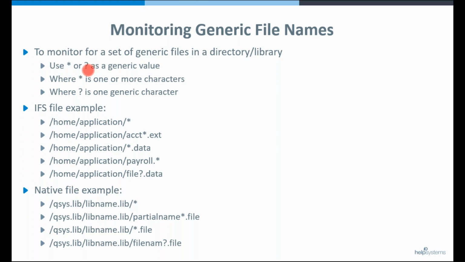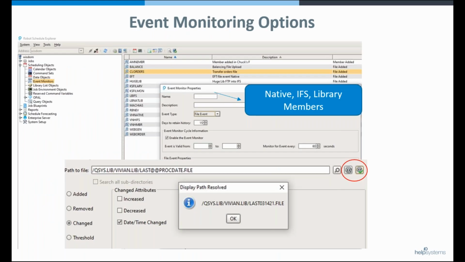So it's very flexible from that aspect. And again, you do that in both the library structure and the IFS. So same type of deal with the asterisks and the question marks there. And we're showing some examples on the screen. So yeah, go ahead to the next slide.